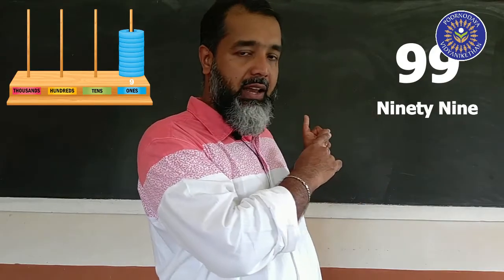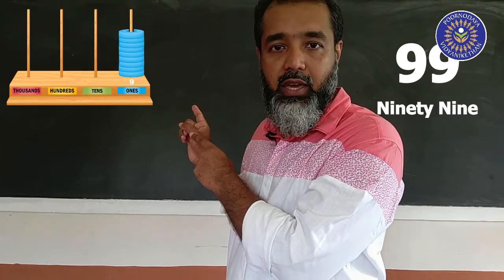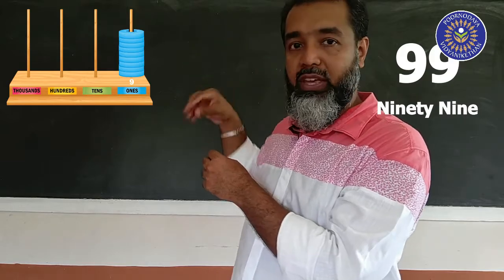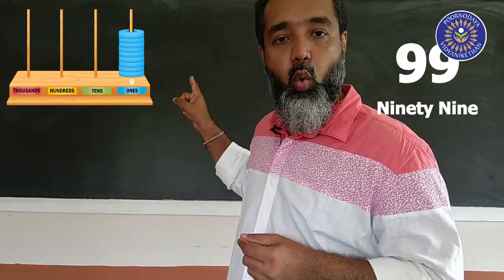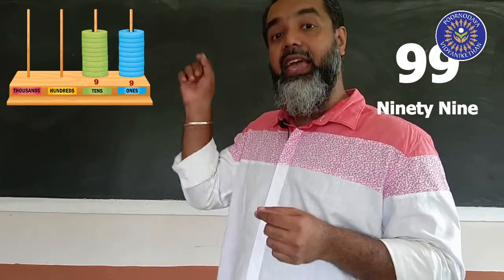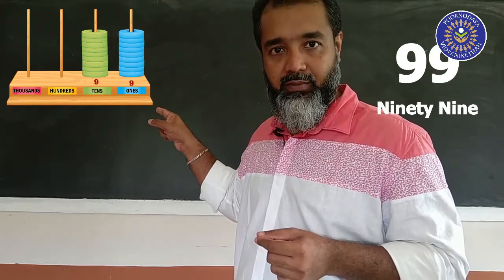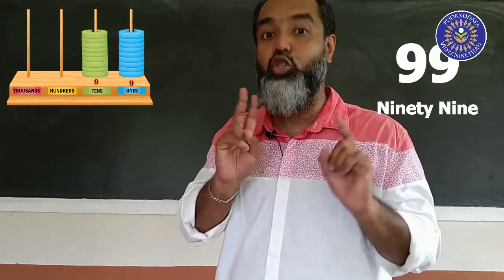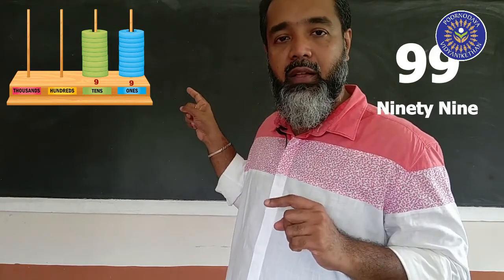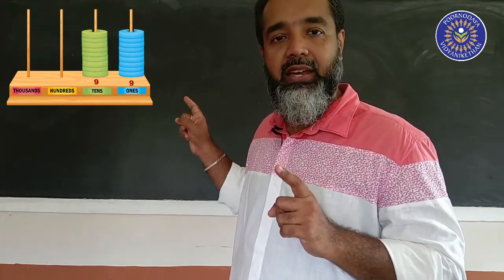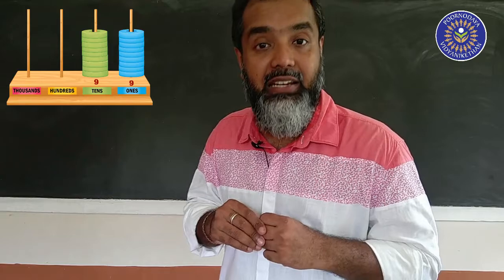And this 99, if we try to put it in the abacus, you will see 9 rings in the ones place, again 9 rings in the tens place. It's 99, a 2-digit number. So it is 99.